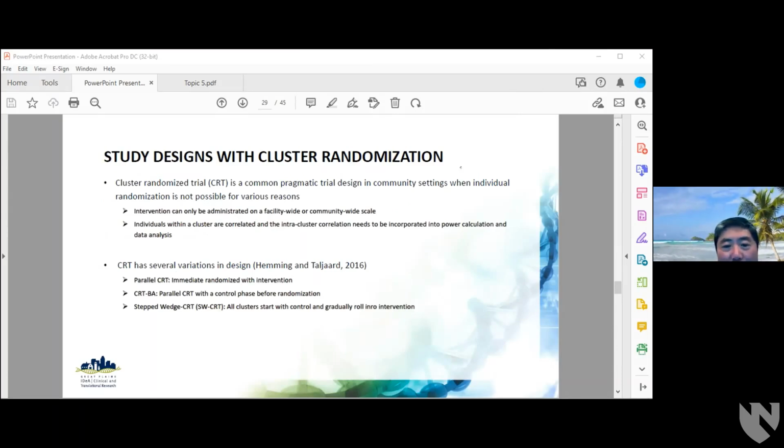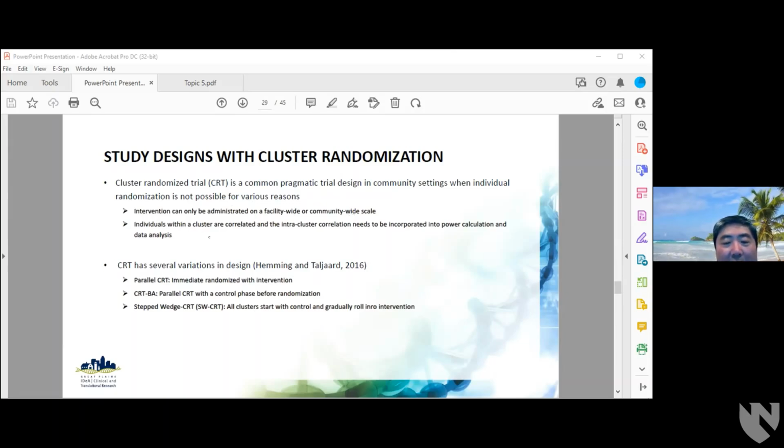I'll show you two examples. Cluster randomization is a common pragmatic trial design in community settings when individual randomization is not possible, mainly because the intervention can only be administered on a facility-wide or community-wide scale.